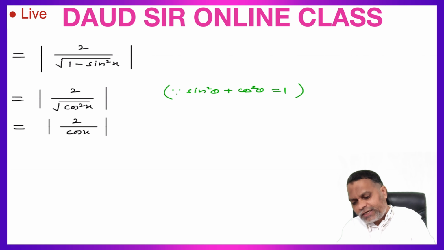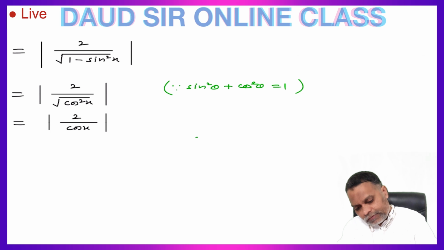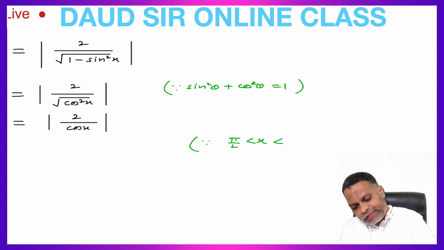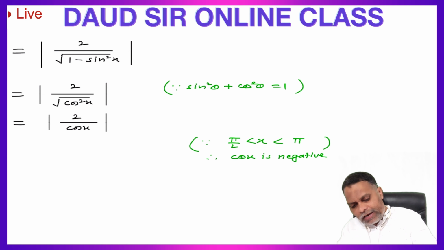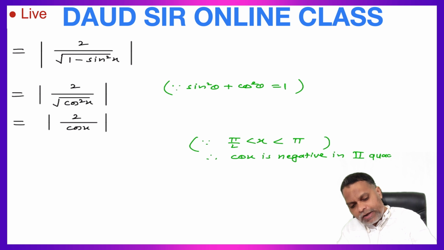this cos x is, since x is greater than pi by 2 and less than pi. This condition is given in the question. Therefore, cos x is negative in the second quadrant. In the second quadrant, this value of cos x is negative.